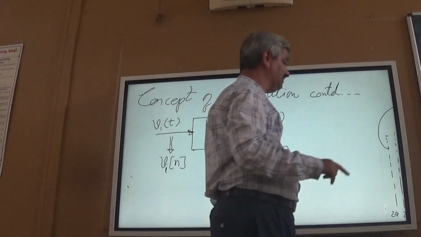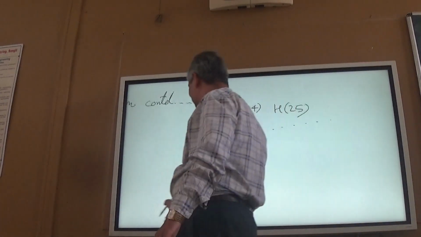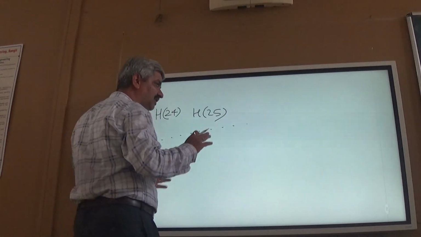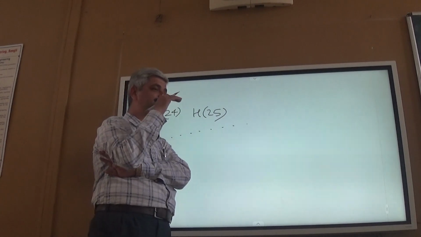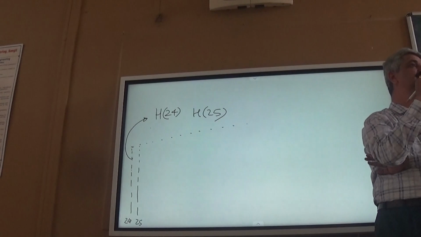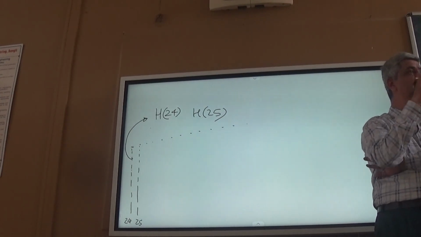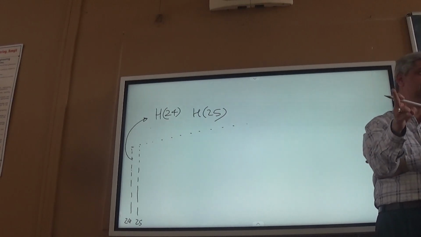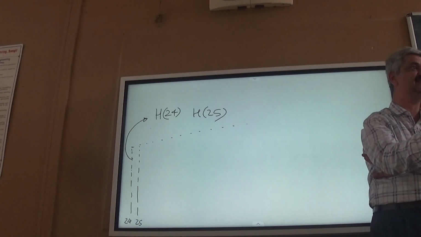In that case, now I can say the concept of convolution. Output is dependent on what? Output is dependent on current and previous input, and this dependency is a linear dependency.